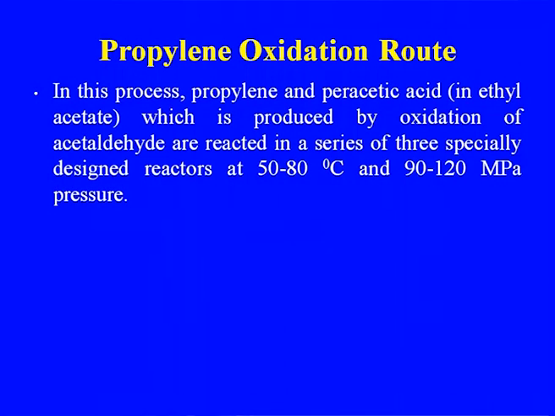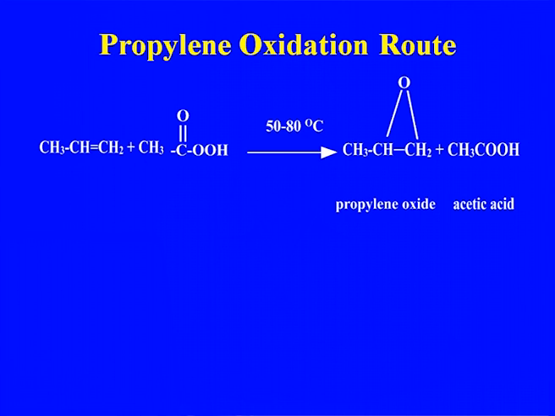They are reacted in a series of three specially designed reactors at 50 to 80 degrees centigrade and 90 to 120 megapascal pressure. This is the reaction taking place in the case of propylene. This is the propylene oxide that we are getting, and this is the byproduct, acetic acid, during the manufacture of propylene oxide.